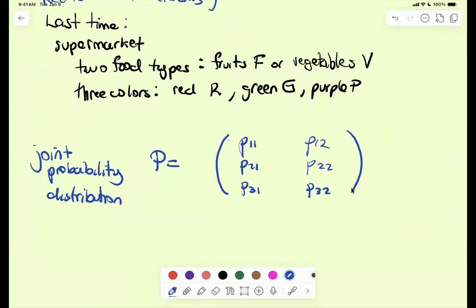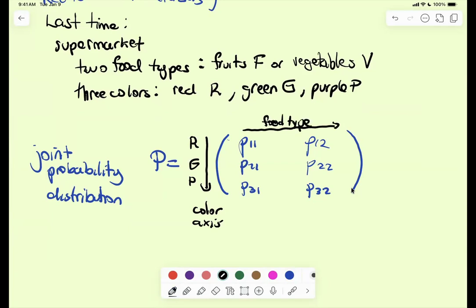Just to make sure we're all on the same page, the row direction, or the row axis, corresponds to the color. There were three types of color, so this is the color axis, and I'm putting them in the order red, green, and purple. And the column direction would be the food type, whether you're buying a fruit or a vegetable.